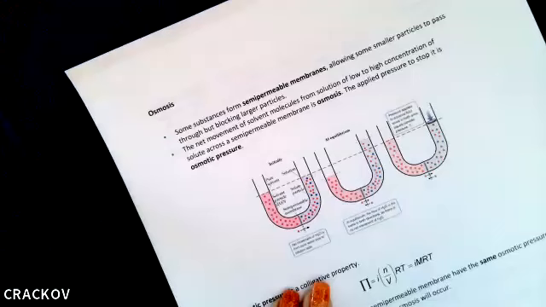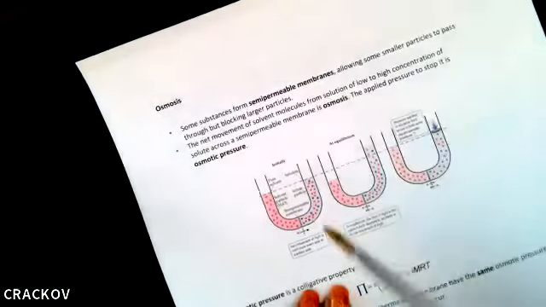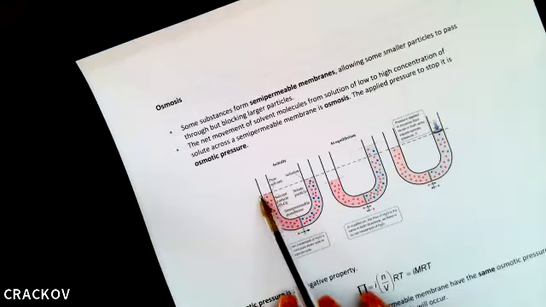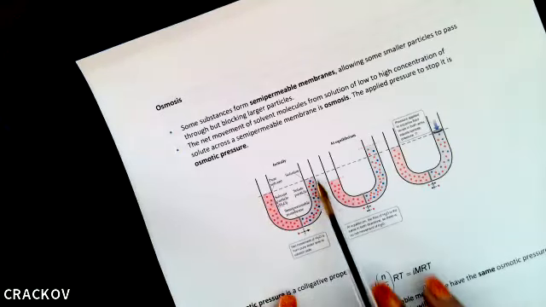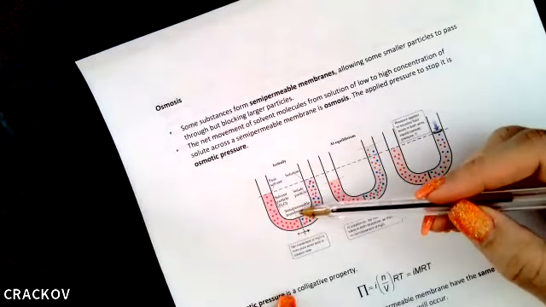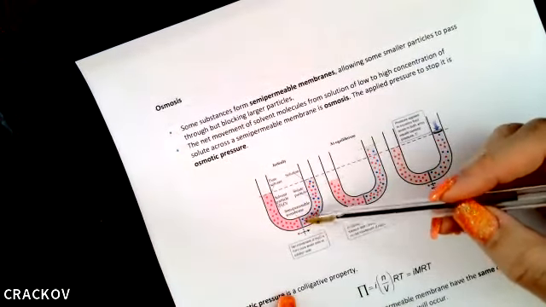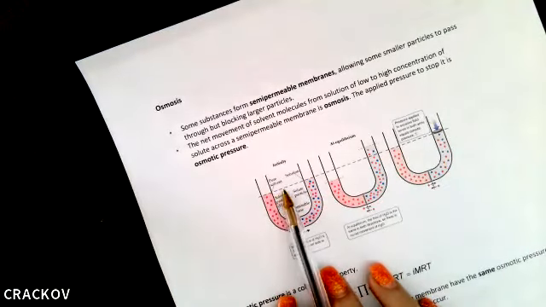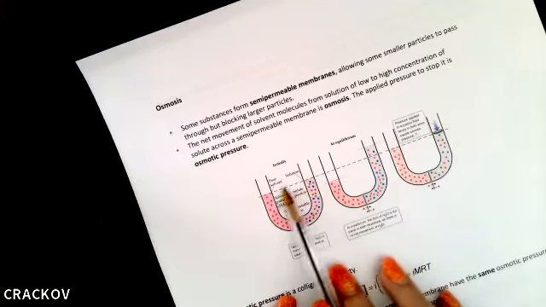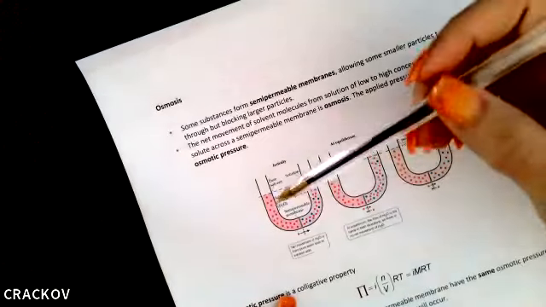And the applied pressure to stop it is called osmotic pressure. So let's look at the volume here. Initially, you have this volume in this U tube, right? In the middle, you have the semi-permeable membrane. The volume of the pure solvent and the volume of the solution were at the same level.